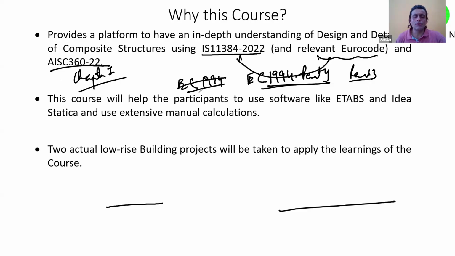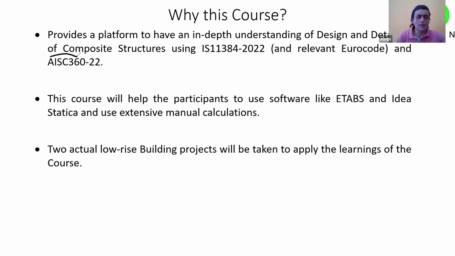So why are we doing one course where we are covering both the codes? Because if you see, there is not much given in AISC 360 in terms of design procedures or design steps. Very little information is given. So there is no point in having a separate course just to cover AISC 360 where nothing much is given as such. Therefore we thought that in one course itself we should cover both the Indian as well as the American code.